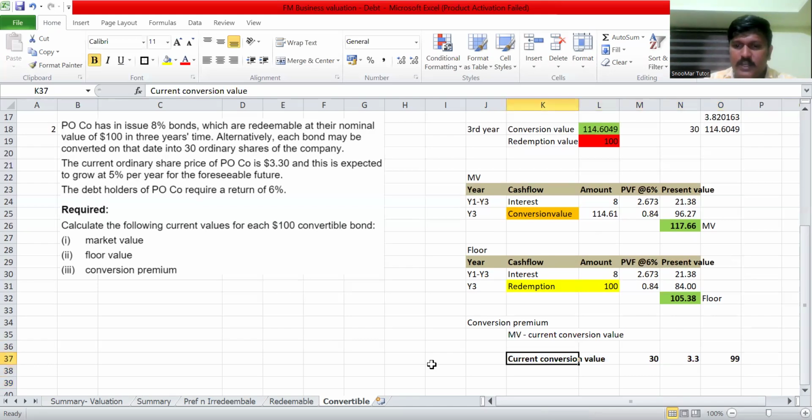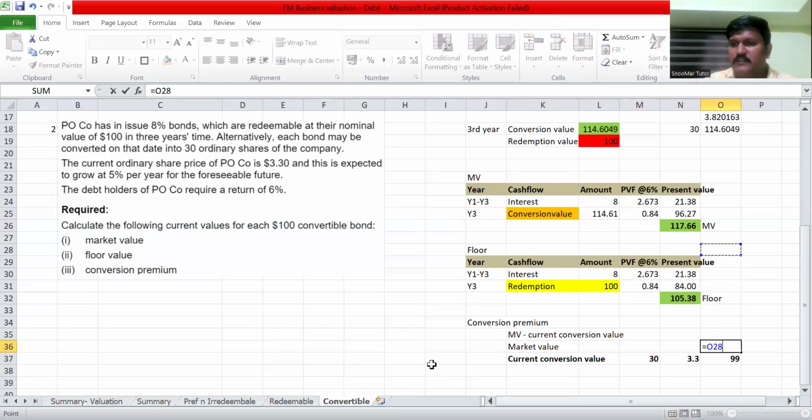Now what is your market value? We have already calculated the market value above, right? I'm just linking the figure over here: the market value is calculated as 117.66.